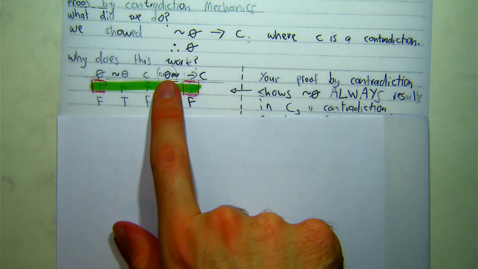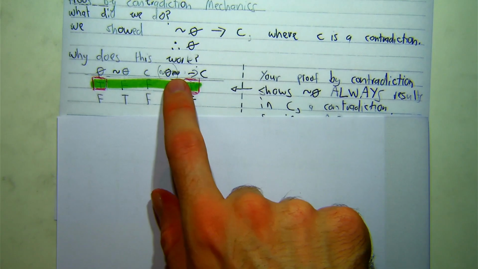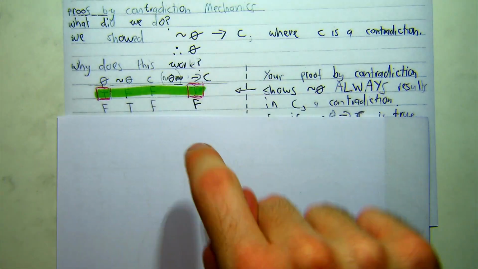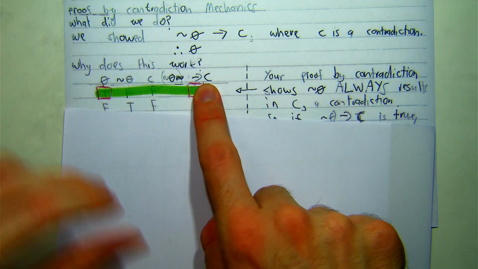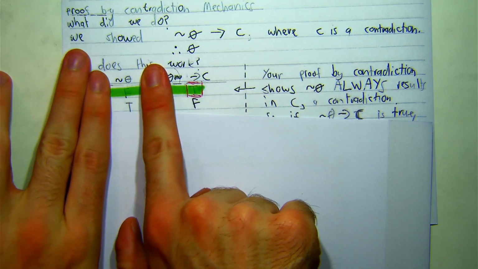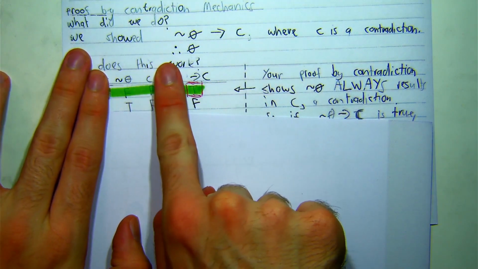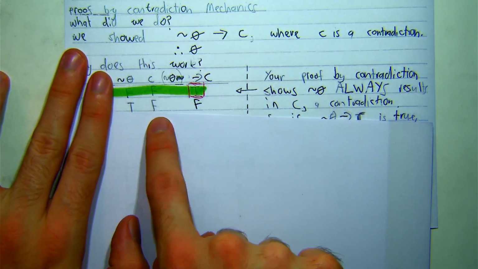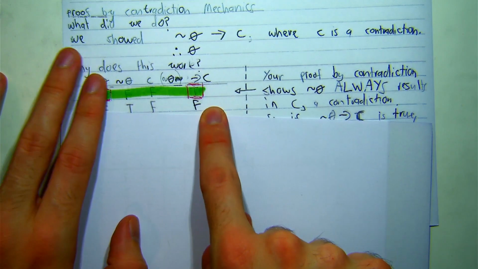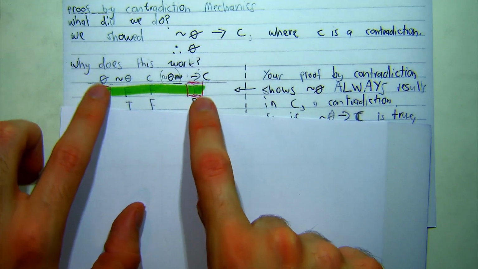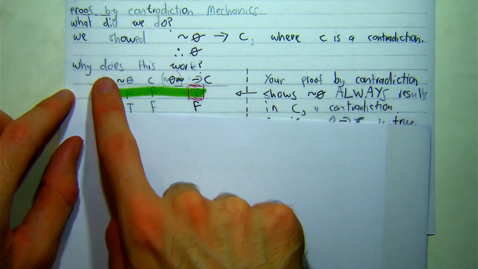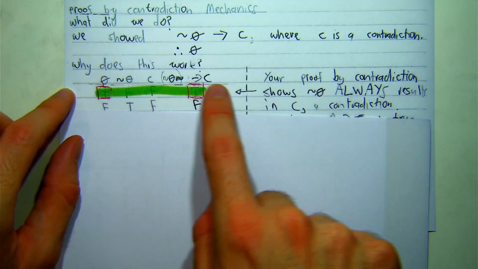If you do not theta implies C, just ignore that second squiggle, that's a typographical issue. So if we look at not theta implies C, here's not theta implying C, so false and false with an implication in the middle is true, and then true and false with an implication in the middle is false. And this is logically equivalent to theta here. Theta is logically equivalent to not theta implying C.